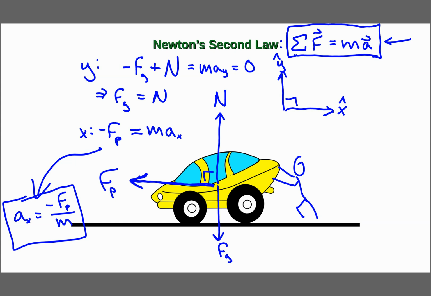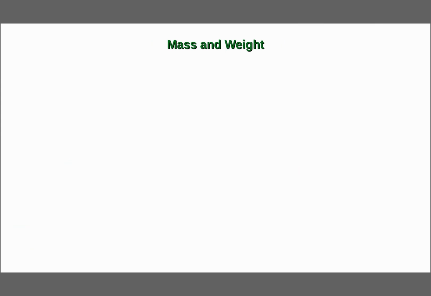So let's take a second to talk about weight versus mass, okay? So weight is the force of gravity on an object. So if we use Newton's second law again, we could say the force of gravity equals mass times acceleration from gravity.